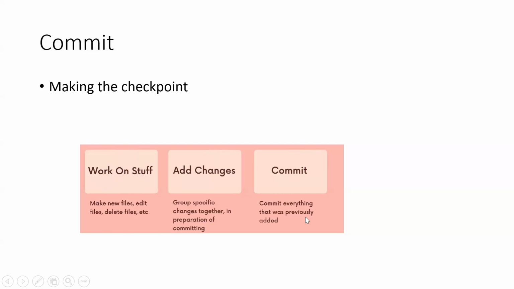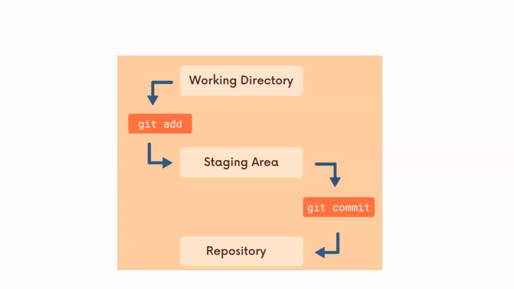I have a better pictorial diagram here. From the working directory, I push the command git add, and whatever changes I have done should come to a staging area. So commit is a two-layer thing. First, I need to git add whatever unsaved file change should come to the staging area.